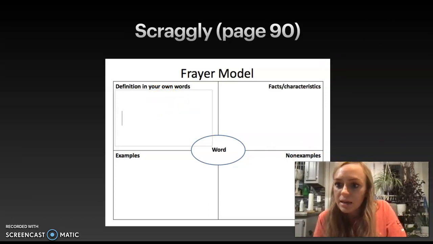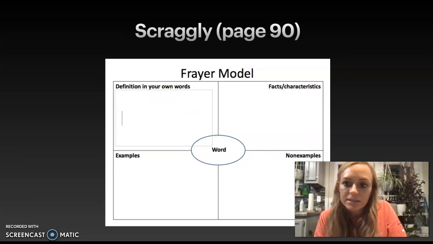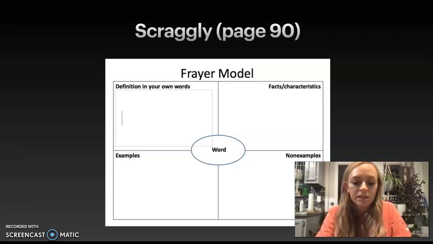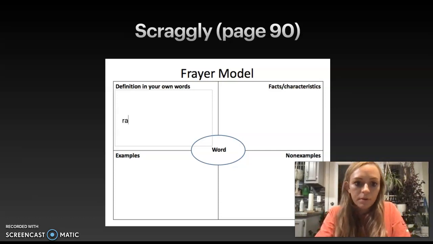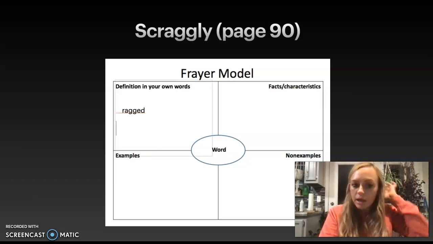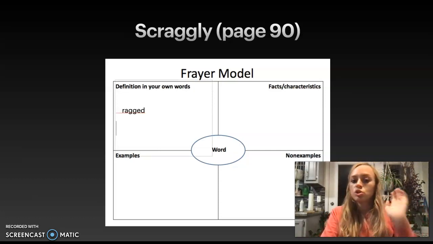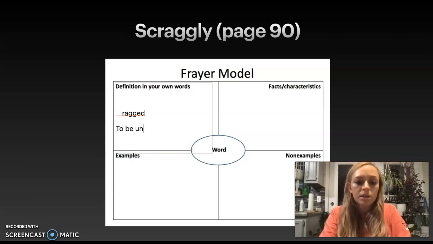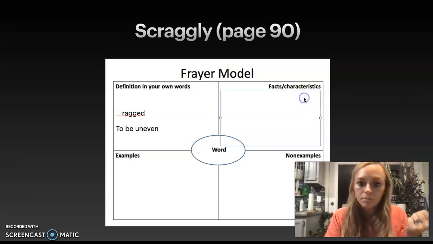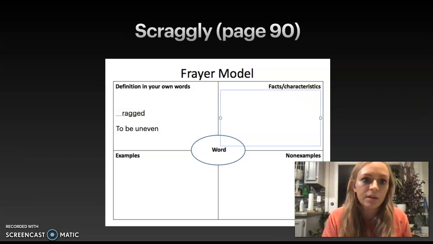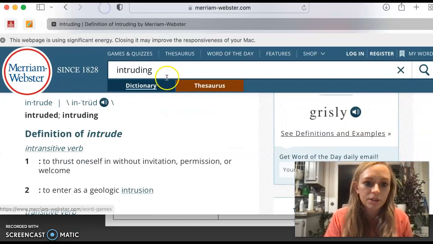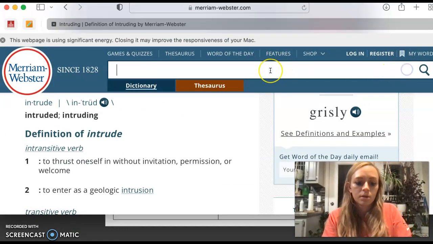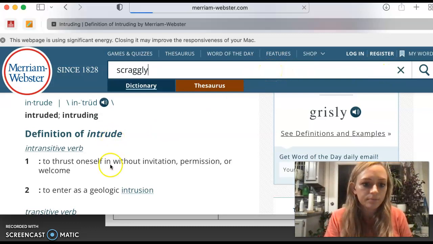We might say that it may mean to be ragged, or it may mean to be uneven. And we can even pull up Merriam-Webster here and look at scraggly.